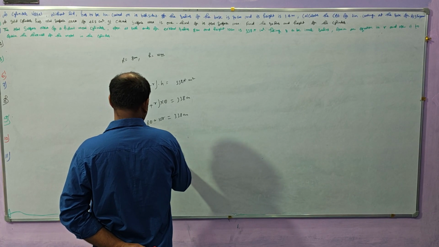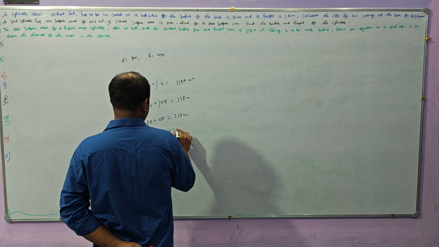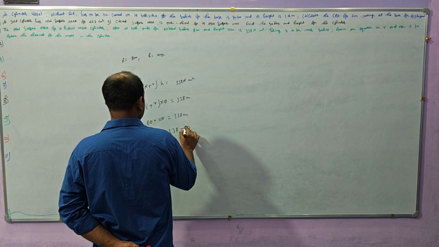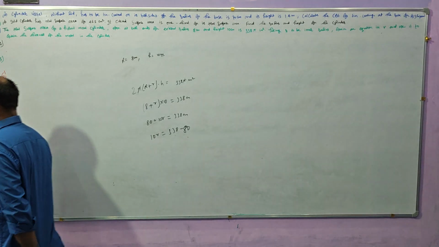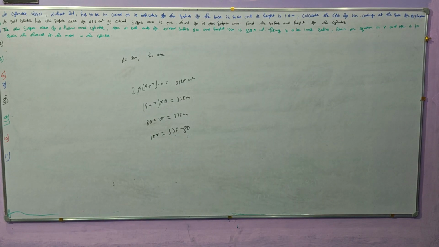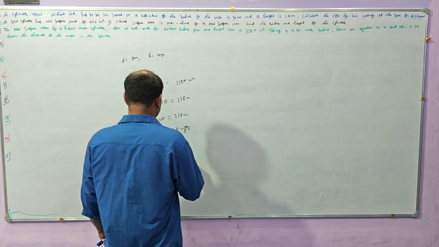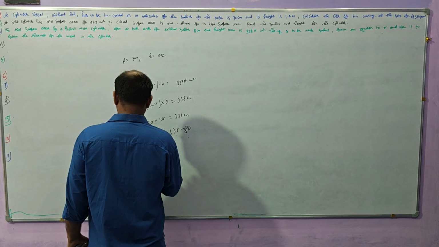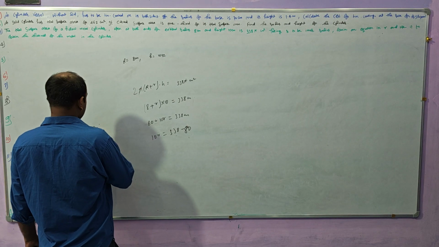So we get 10r is equal to 380 minus 80. So r becomes something.